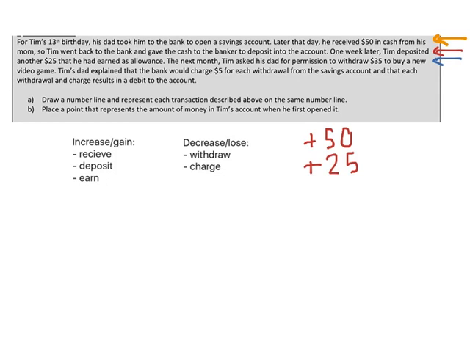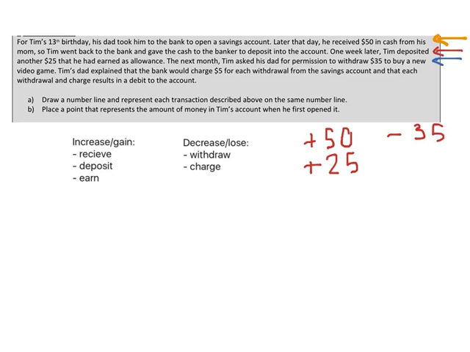So that means that we are taking away $35 from Tim's bank account, and we need to plot negative 35 on our number line. So let's write that down in our journal, negative 35, so we do not forget to plot that.